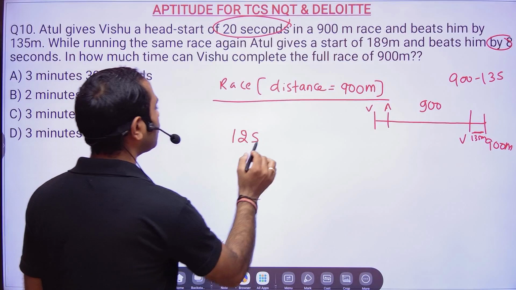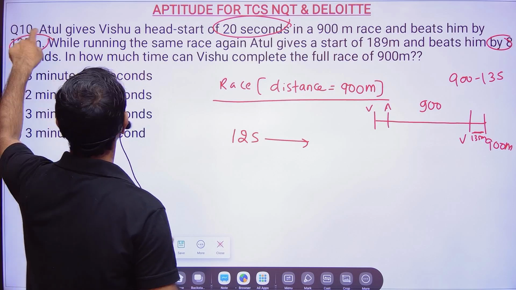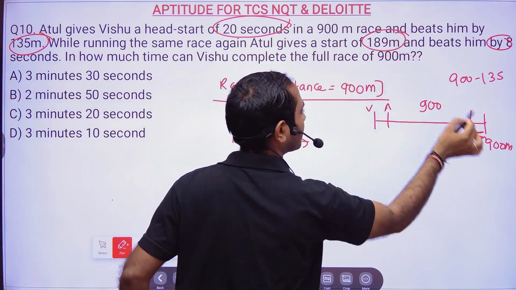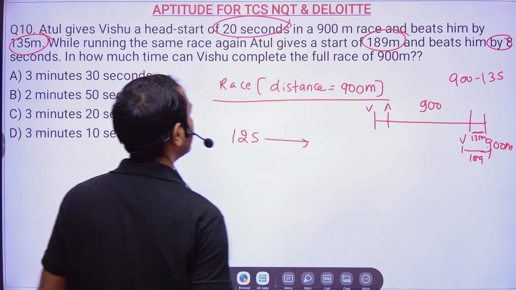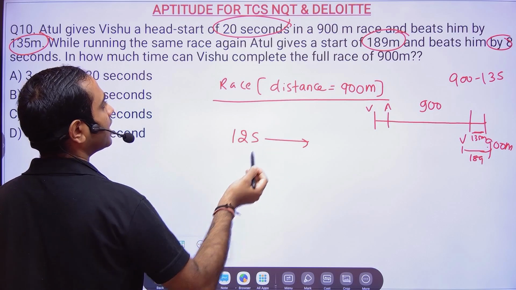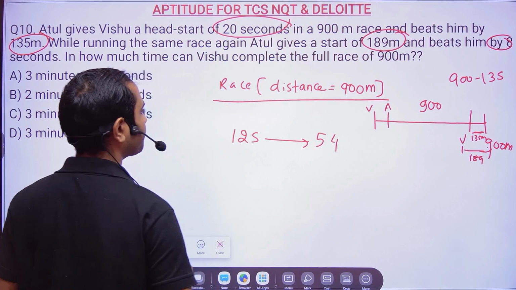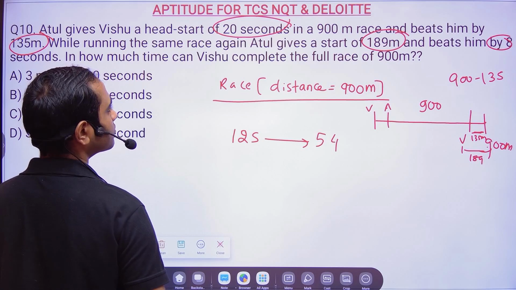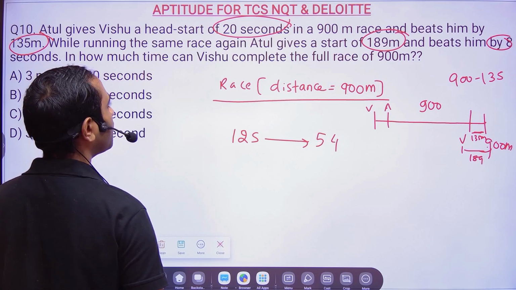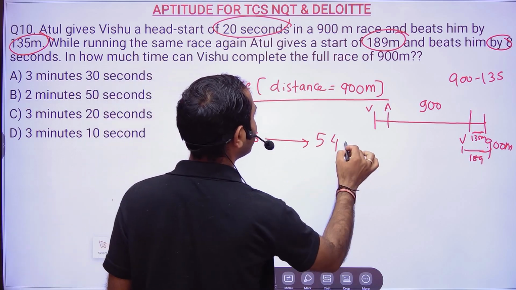So basically 12 seconds is the time, and if you see the difference, first time 135 meters and second time it is 189 meters. So if you see the difference, 9 minus 5 is 4 and 8 minus 3 is 5. Okay, fine, correct. So 9 minus 5 is 4, 8 minus 3 is 5. So in 12 seconds, 54 meters basically.